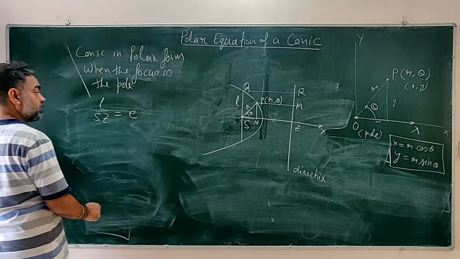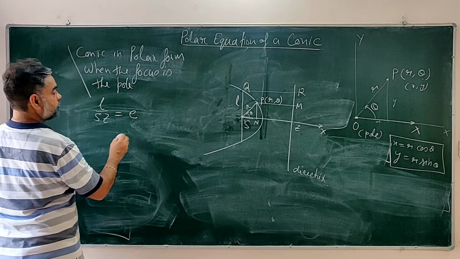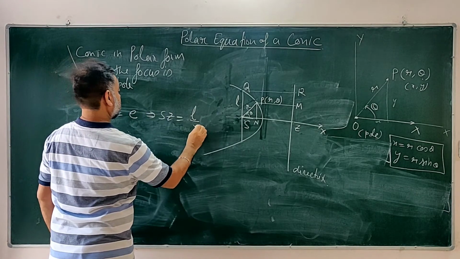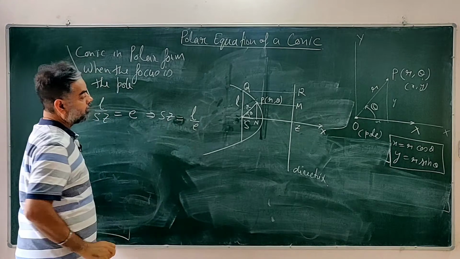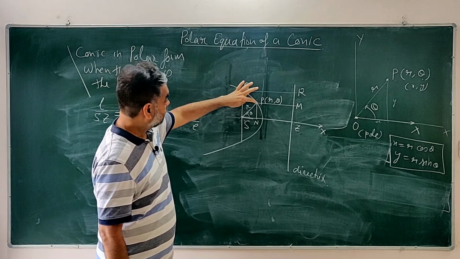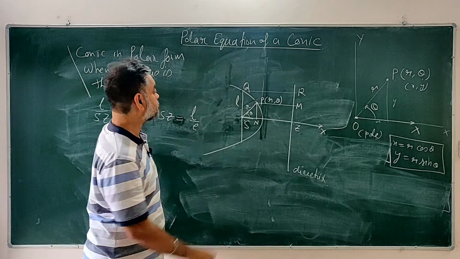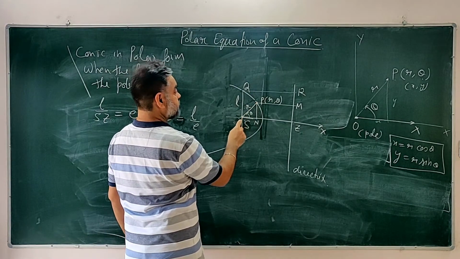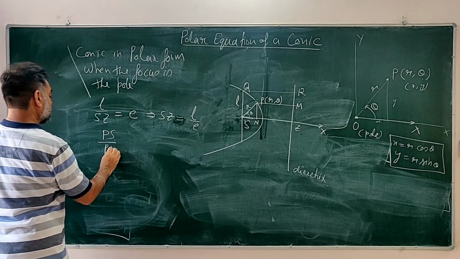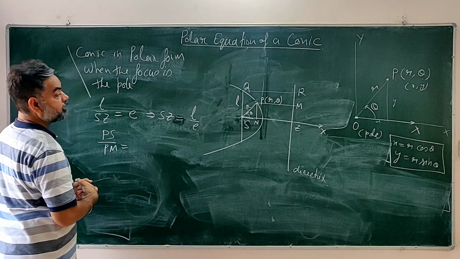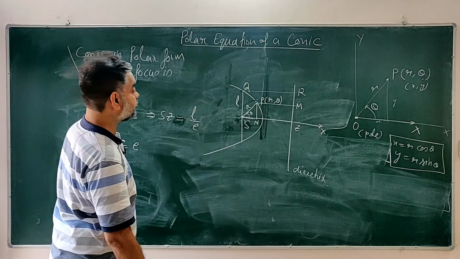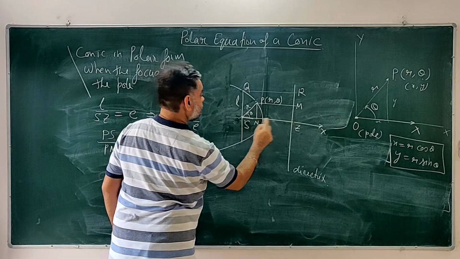So L divided by SZ is equal to E. This implies SZ is equal to L over E. Also, for the point P, PS over PM is equal to E, but PM is equal to NZ.